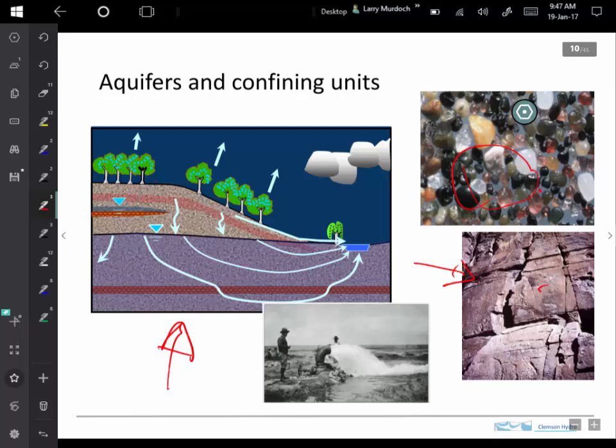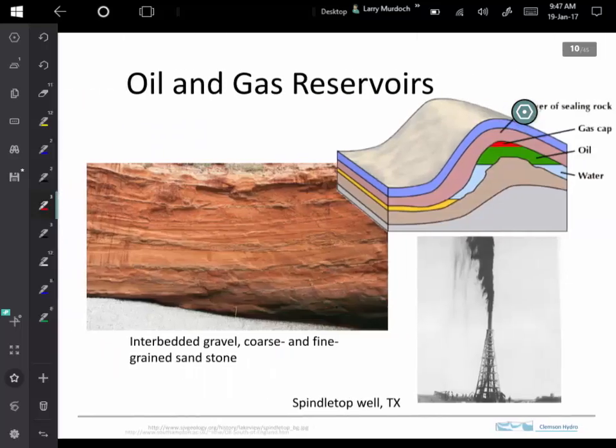Perhaps this material here is sandstone, and if we look closely, we might see something that looks like this, but we can also see that this has much larger pores through it, and we would have to be able to consider those pores as well.